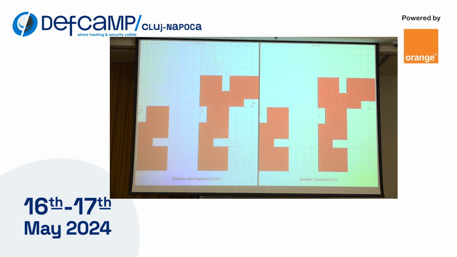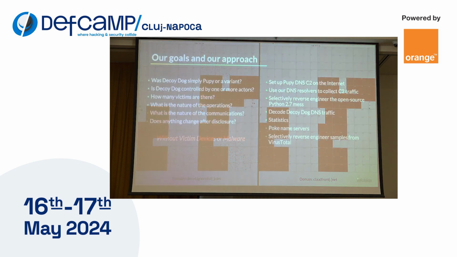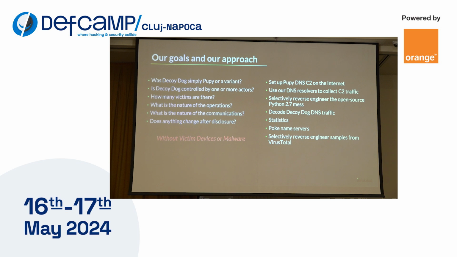So we started to look at the patterns. We found more domains, because here you, for example, have two domains, and you see the pattern is very, very similar. So if you analyze passive DNS data, you can find more domains used by the same malware. And also, there were several questions, like, what's the malware? After analyzing the queries, we noticed it seems to be similar to a PAPI remote access tool.